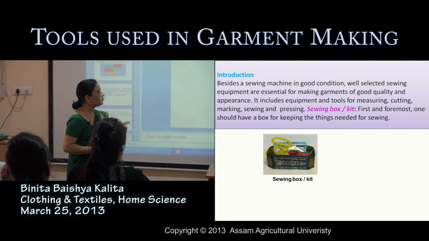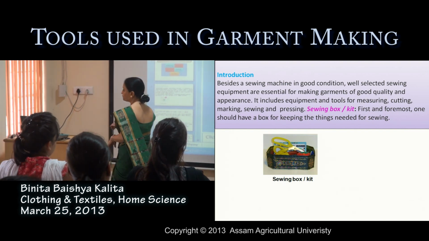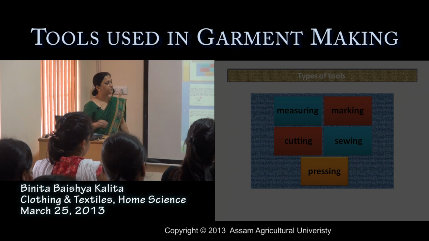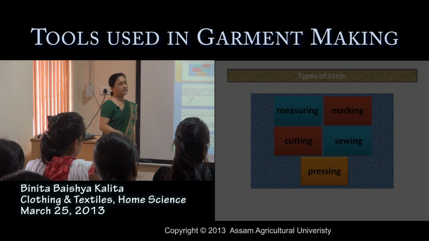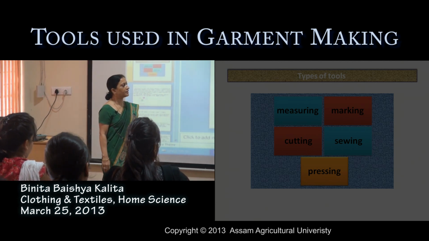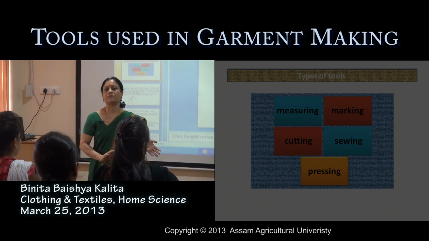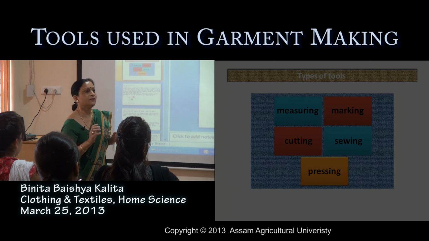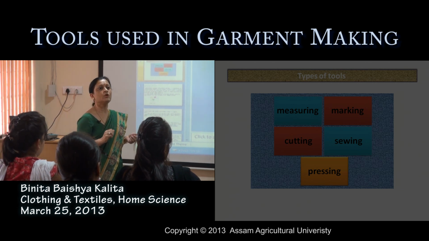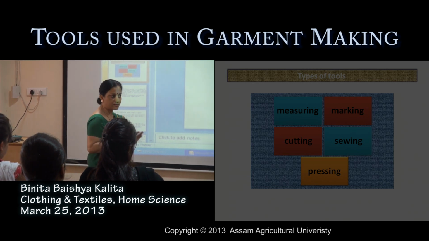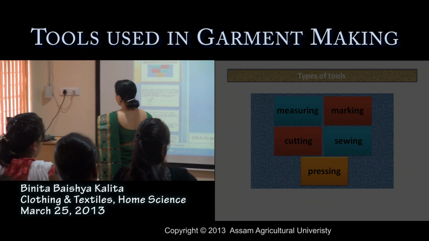So these are the 5 categories: measuring, marking, cutting, sewing and pressing. Other than these 5, we have some miscellaneous tools which are required for special purposes in garment construction.